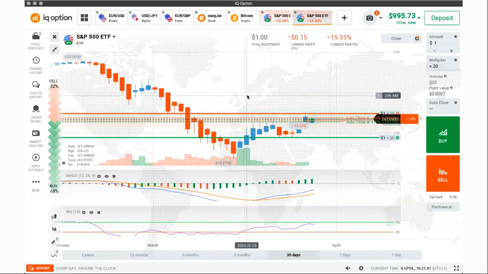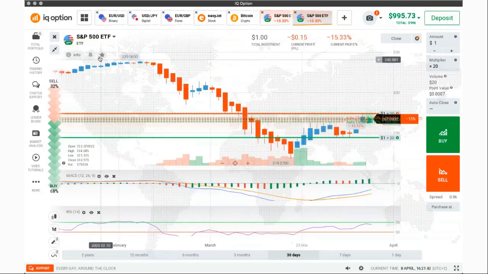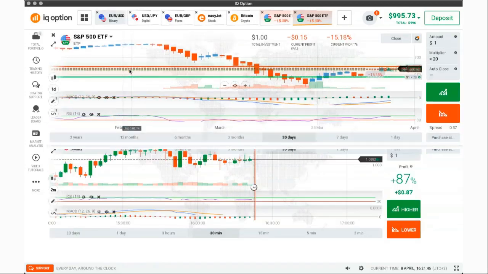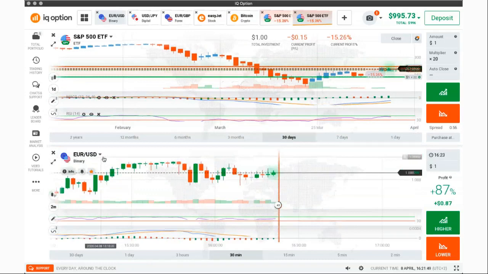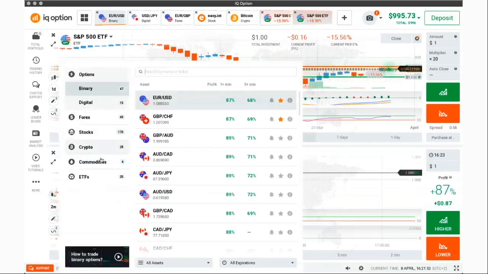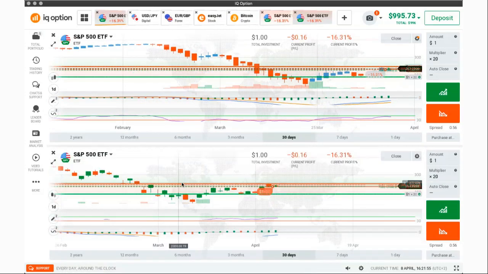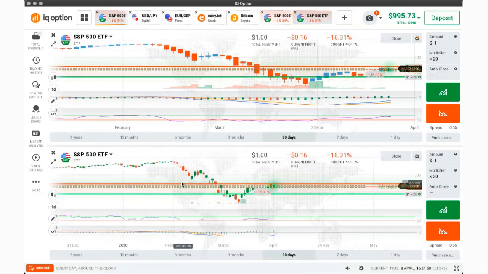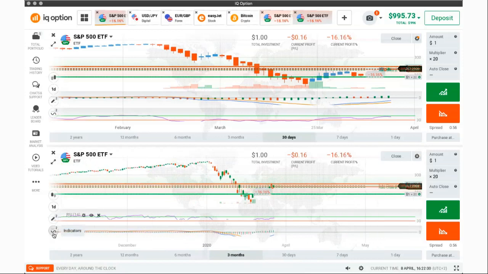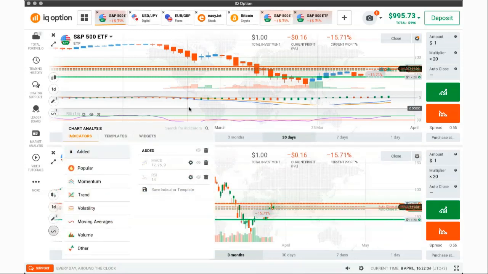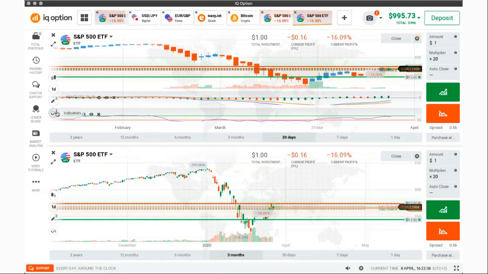Let's keep them simple. If I open up two charts, okay, and I pick the same asset on both, otherwise it's absolutely pointless opening two charts, unless you're trading two things at once because you're a go-getter. I'm actually going to hide all of my technical indicators so we've got more space to see what's happening on the screen.